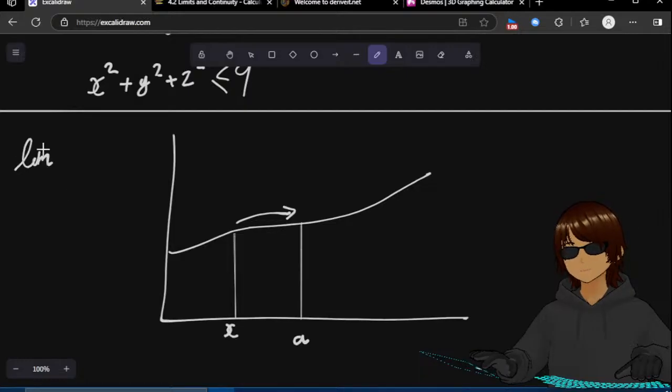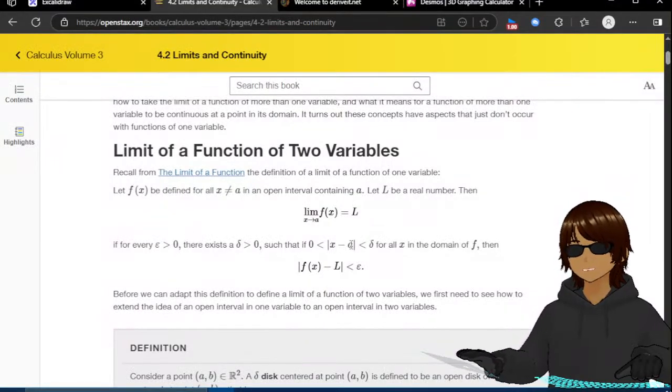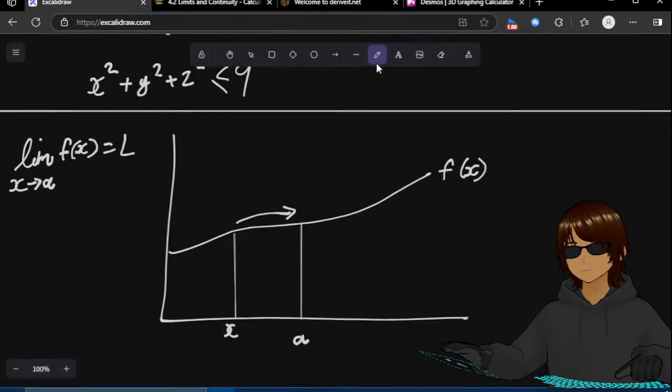So limit as x approaches a. This is f of x. So x doesn't touch a, there's always some distance. So now we start with if, yeah, and this over here is L.